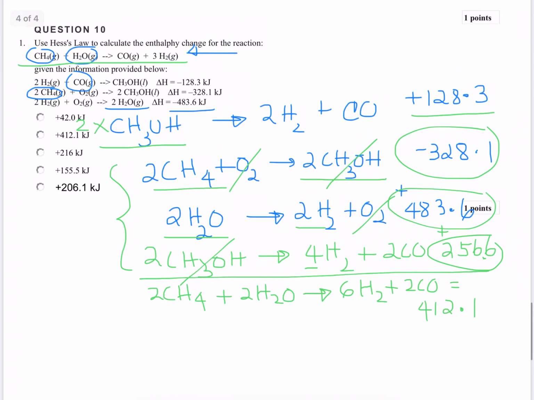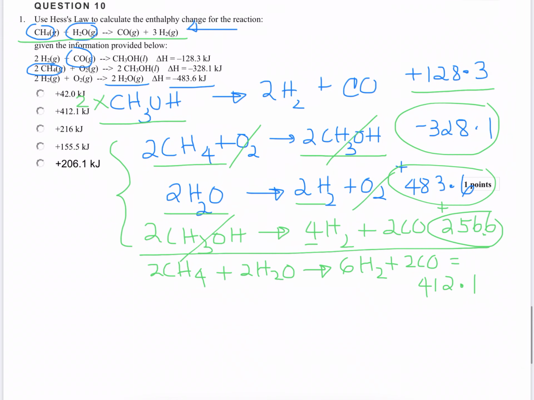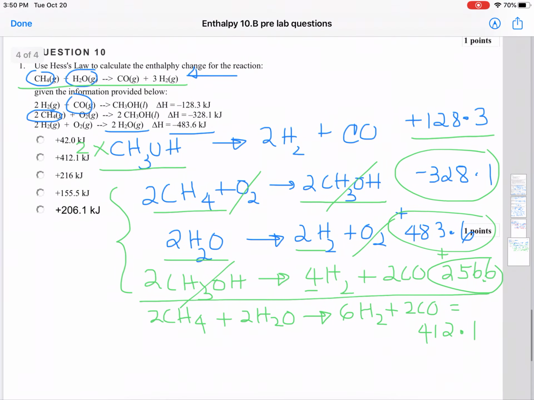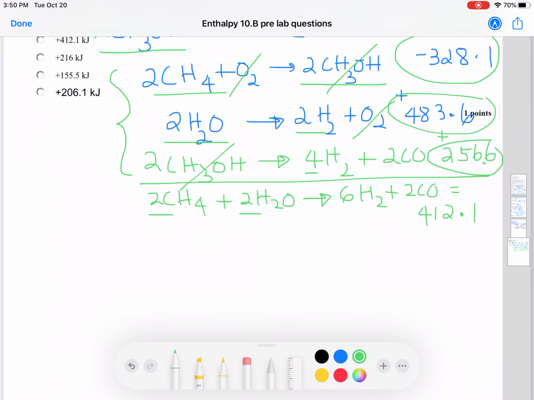No. Why? Because you see here in the bottom reaction, what we just found is for 2 moles of methane. But our target reaction needs to be 1 mole of methane. So basically we're going to divide this by 2.